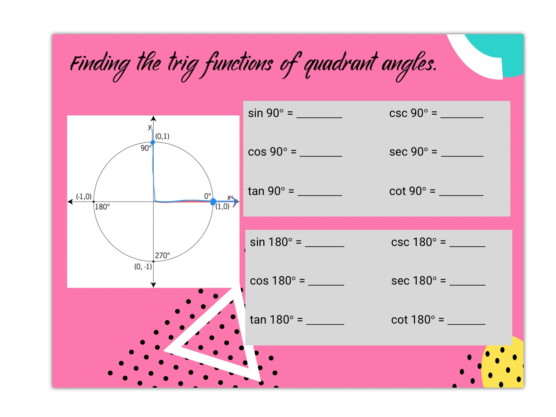Then if I did a 180-degree angle, I would be over here. It would end here, and I'm going to do negative 1, 0. And if I go all the way around to down here, 270 degrees, that point would be at 0, negative 1. And then if I came back around and did a 360-degree angle, meaning one complete revolution, I would be back here again, and it would be 1, 0.